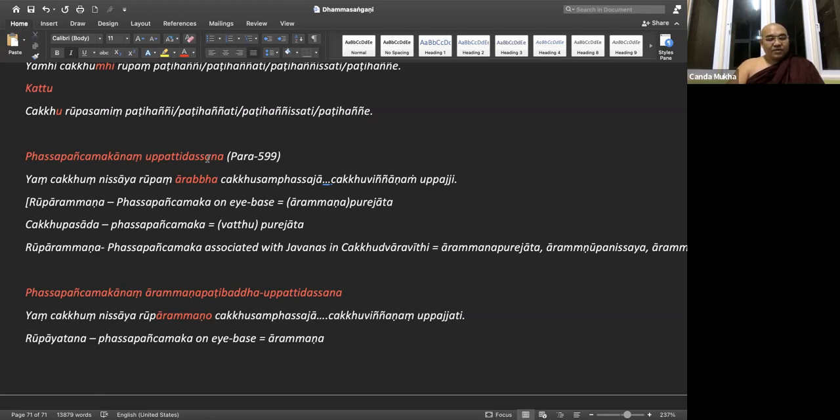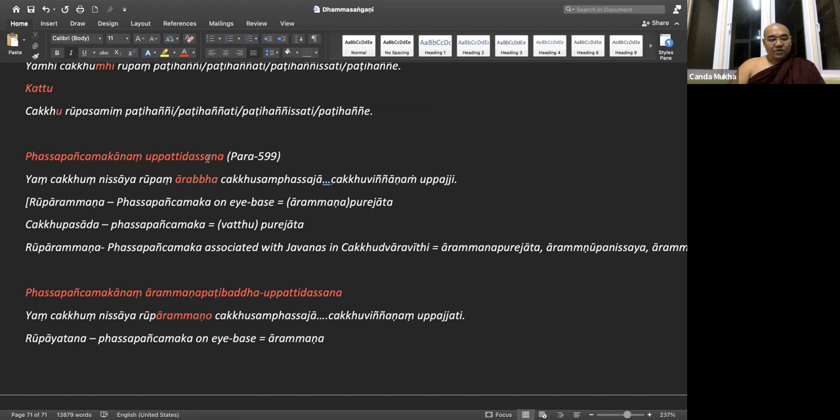Then you can pause after pajayena, and skip Cakkhu dwara javana viti pariya pananam aramanadhipati aramanupanesaya pajayehi.